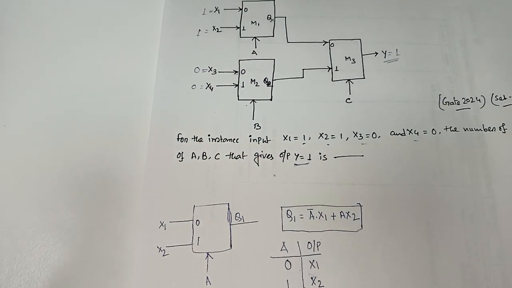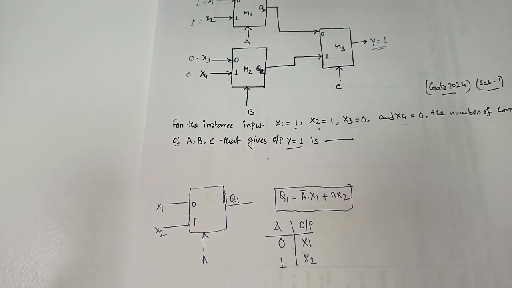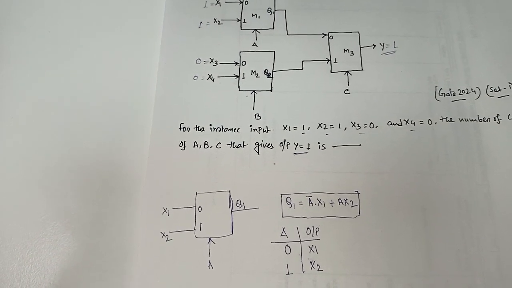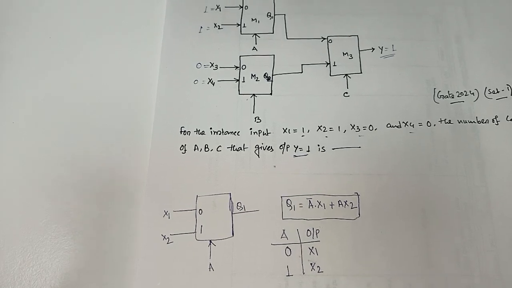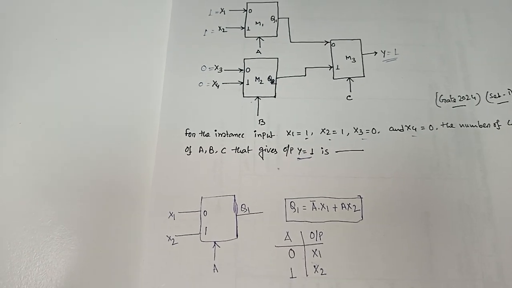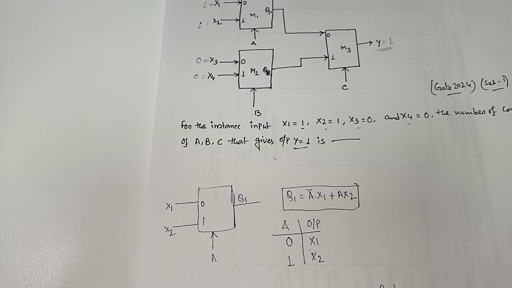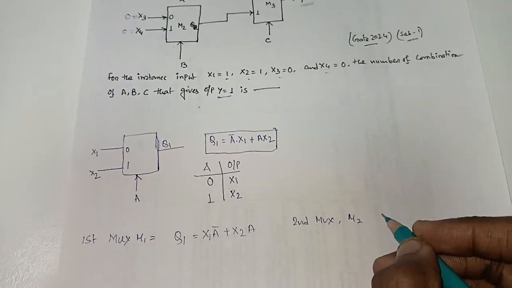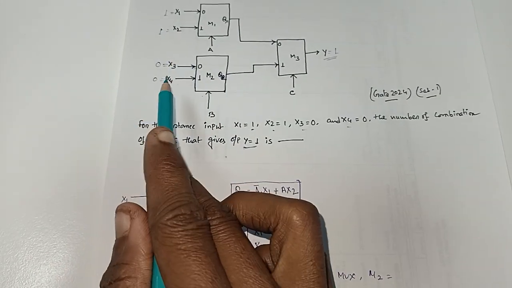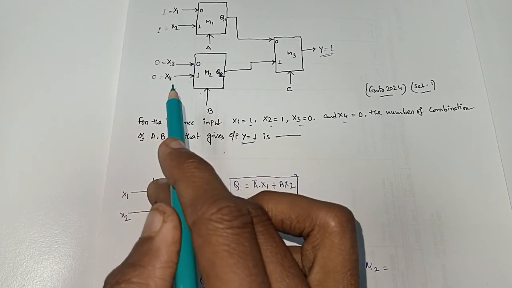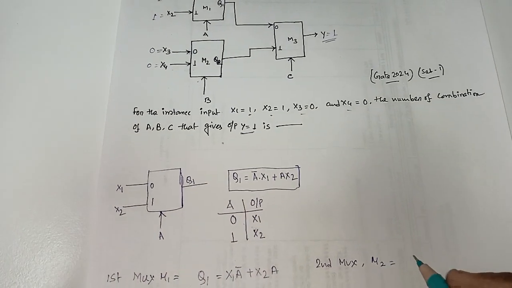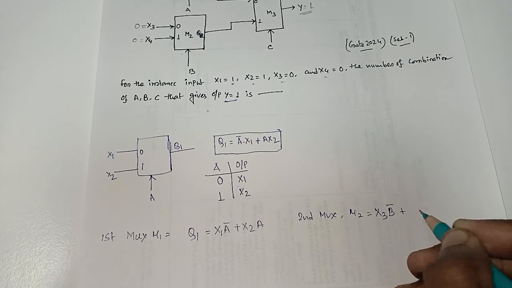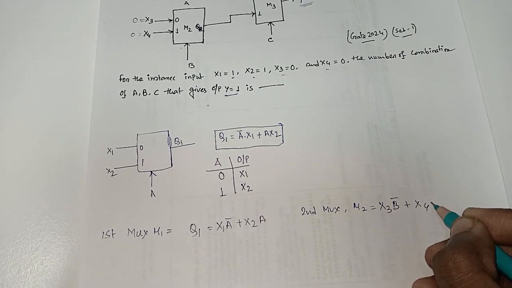For q1 we get x1 a bar plus x2 a. Similarly, for the second multiplexer M2 we get x3 b bar plus x4 b.